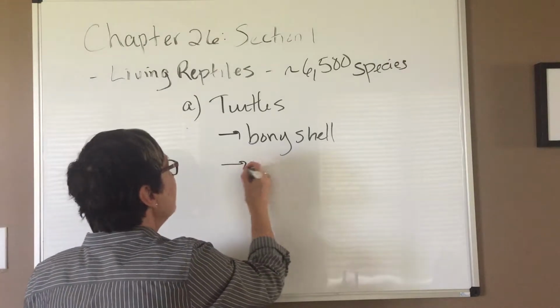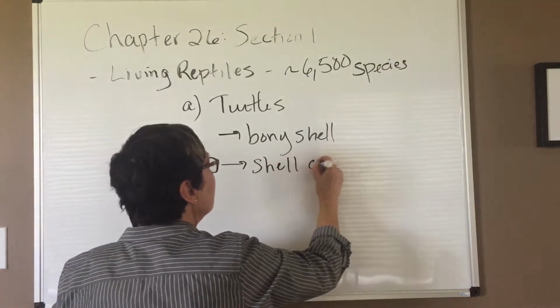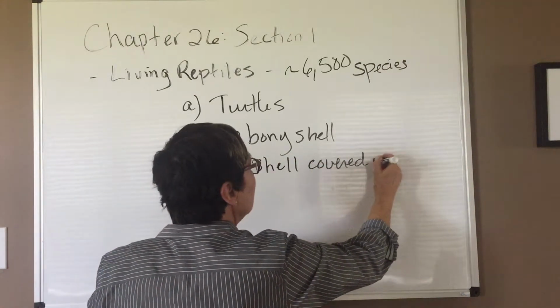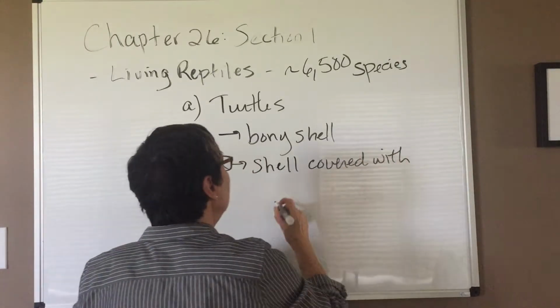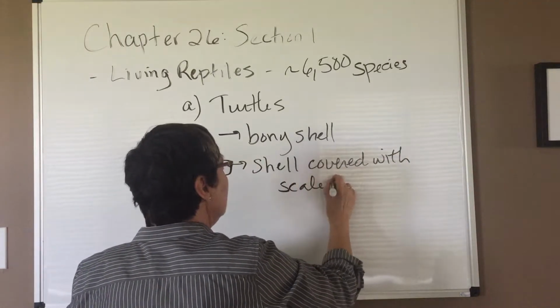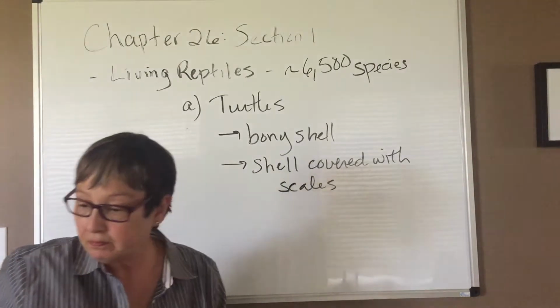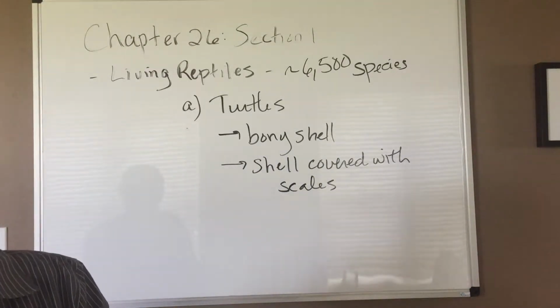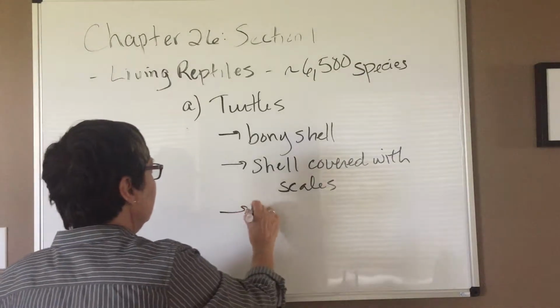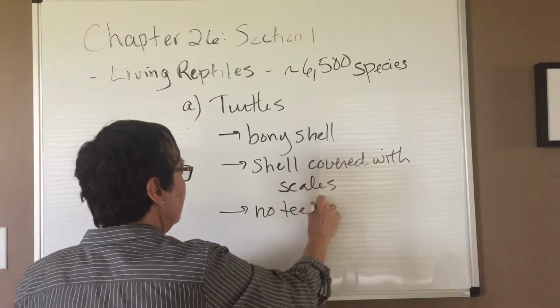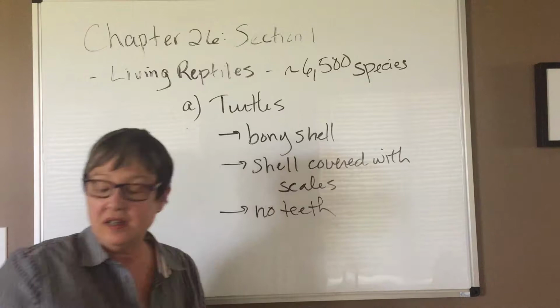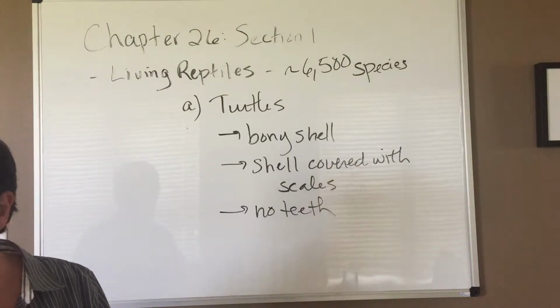The shell is covered with scales, and those scales are made out of keratin. They lack teeth. They just have a ridge within their mouth.